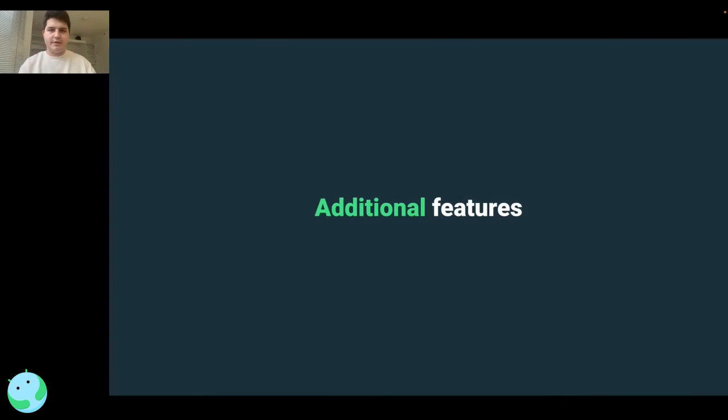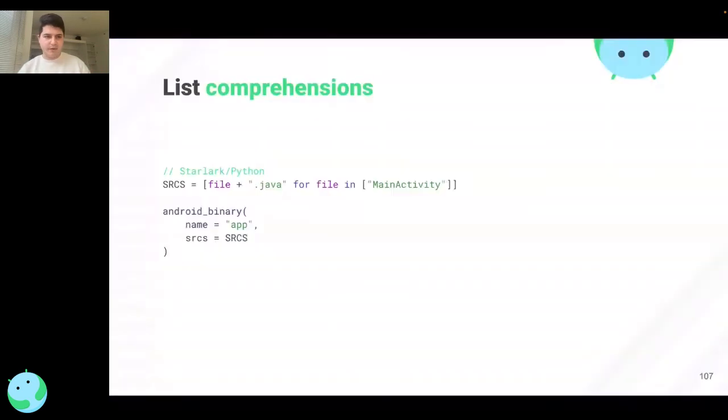We won't be diving deeper into the implementation because overall it's pretty much the same, but it's still worth considering them. Python and Starlark have this pretty cool list comprehension syntax, which is basically a pretty concise builder for a list. For example, here we are defining a sources variable.